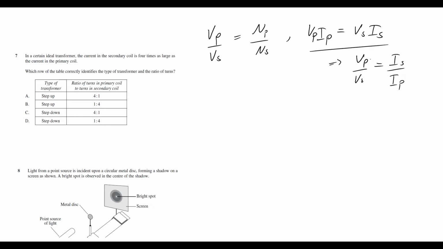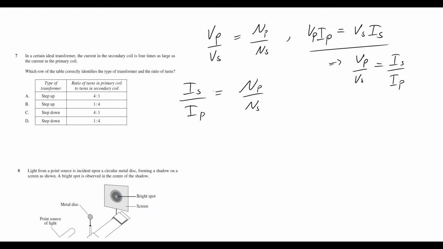Now we can replace that Vp over Vs with Is over Ip and substitute that back into this expression. So now we should have Is, the current secondary, over the current primary is equal to the number of turns in the primary over the number of turns in the secondary.